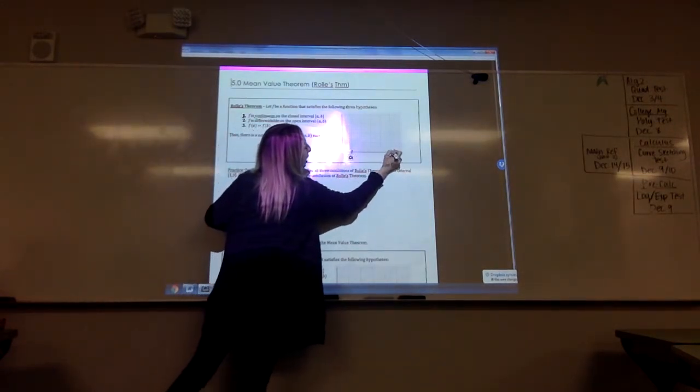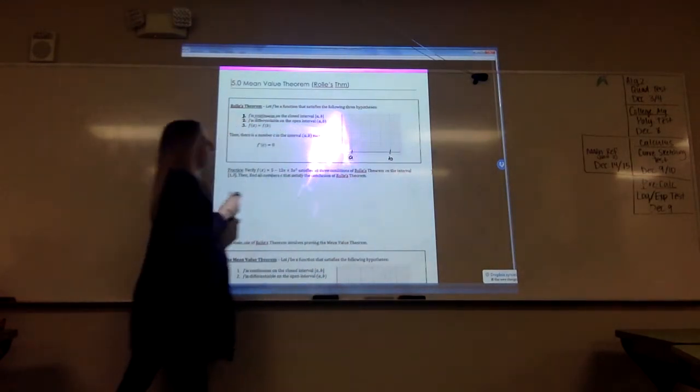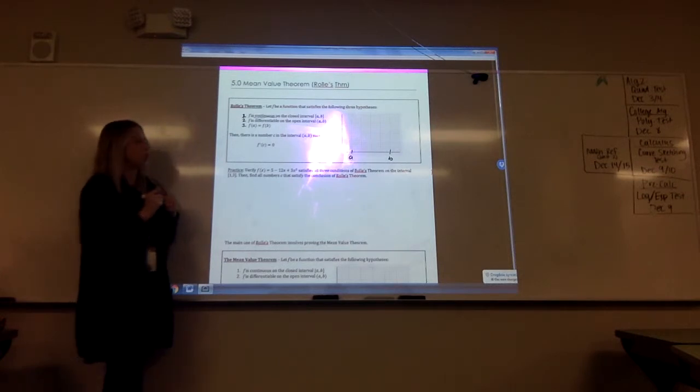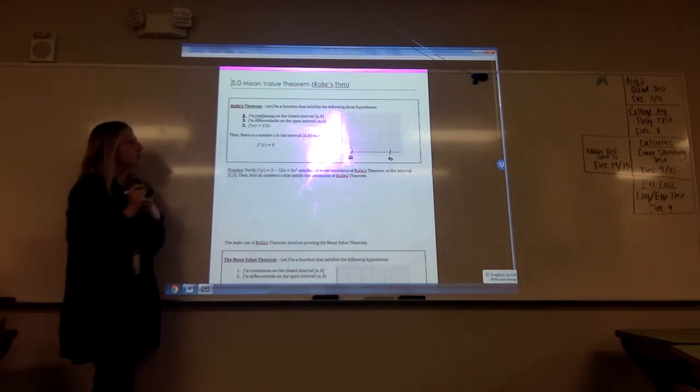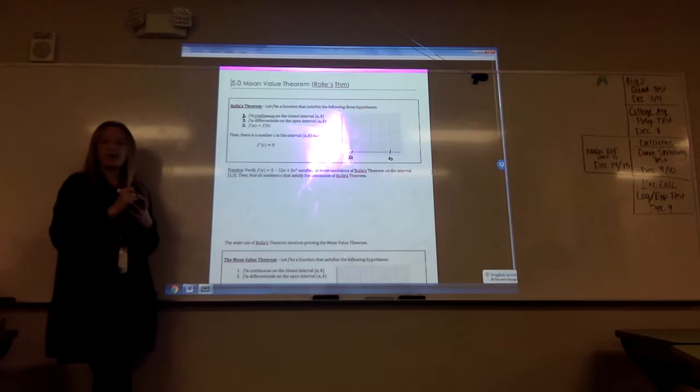I want everyone to draw something on the closed interval from a to b that's continuous, differentiable, and the height of f of a equals the height of f of b. We can all have different graphs.